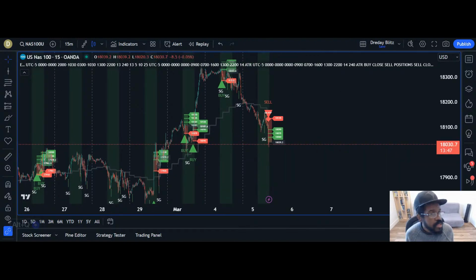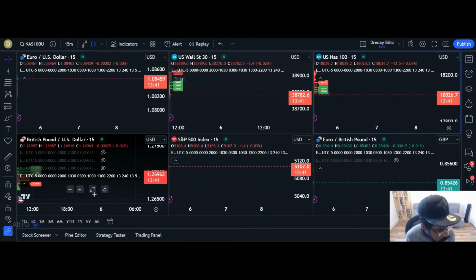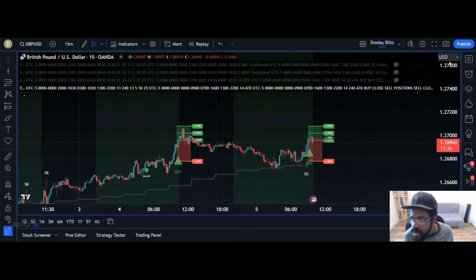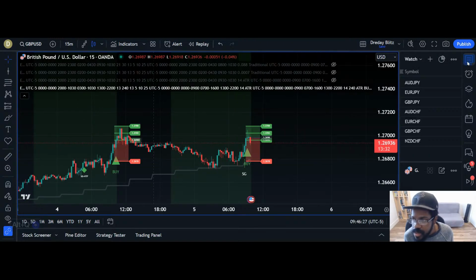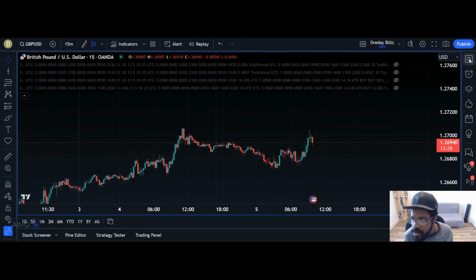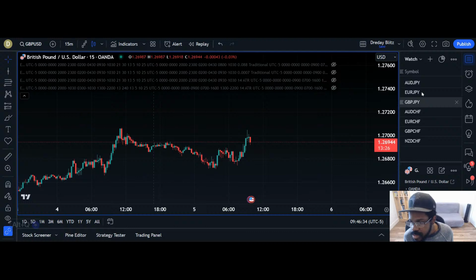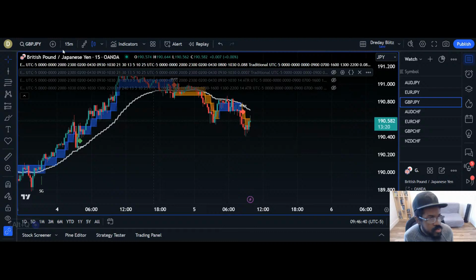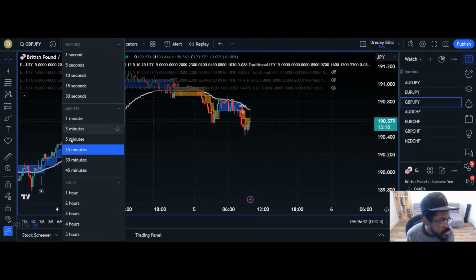Yeah, so I'll show you exactly what I was talking about. I'm gonna minimize that, and go on this one and open the yen pair, GJ, and I'll put it on the 5 minute.